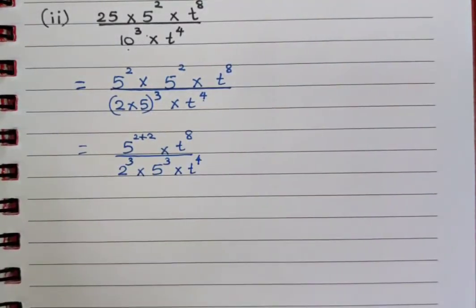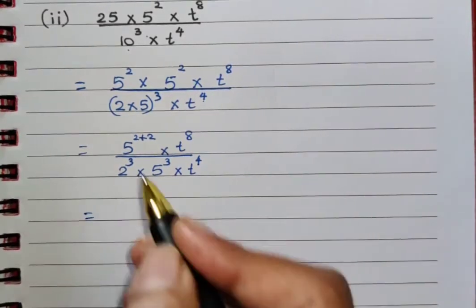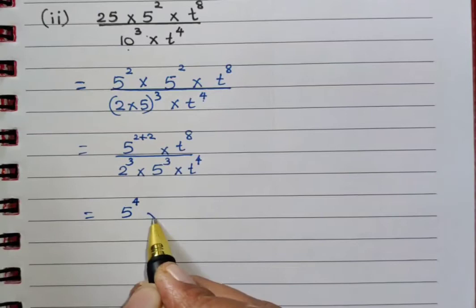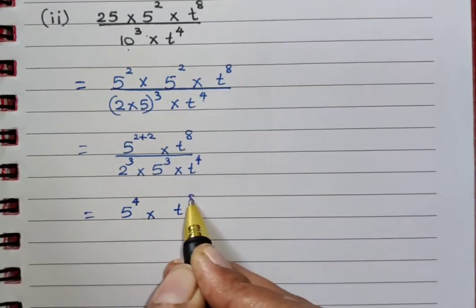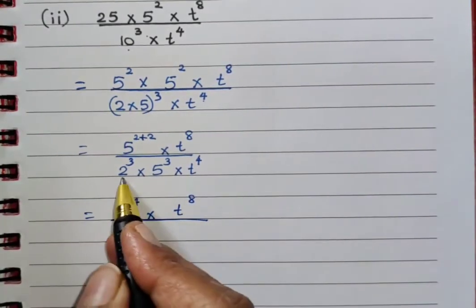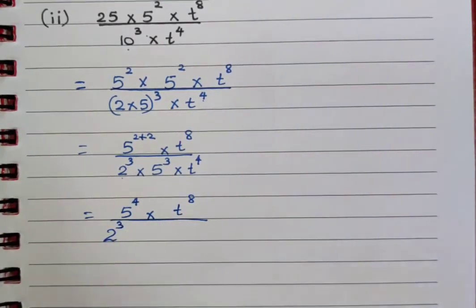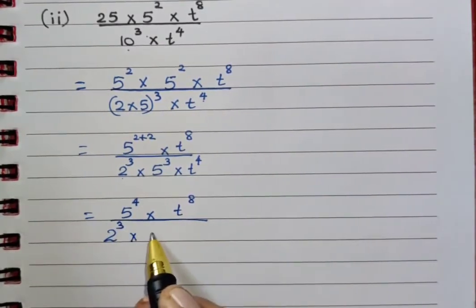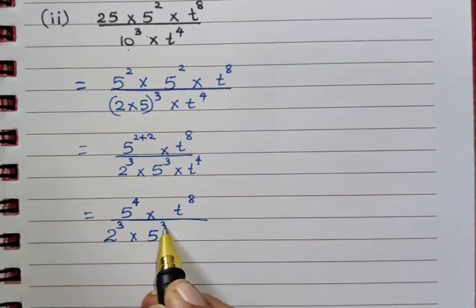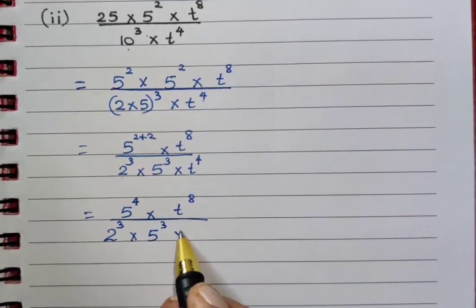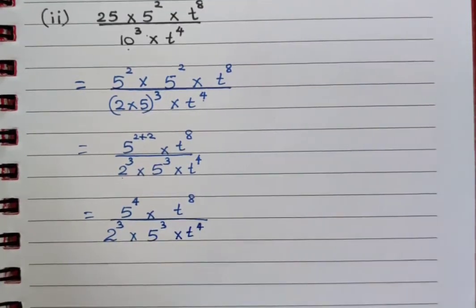So let us write it down as it is. Now bring the answer of this 2 plus 2 as 4 and T to the power 8. Now we don't have any base with power 2, so let it be as it is, and 5 is having the power 3, right? And then T is having the power 4.